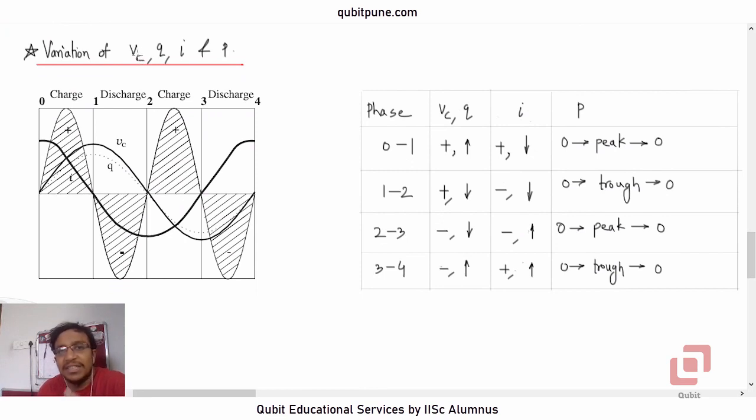Instantaneous voltage Vc across the plates of the capacitor, the net charge on any one plate of the capacitor, the instantaneous current I, and the instantaneous power P. And in one cycle of alternating voltage or current, the capacitor charges and discharges twice, and that is why you can see the 2 power cycles here. You can see the 2 power cycles, one to the left of this and one to the right of this. Again, as usual, the hashed one represents the power cycle.